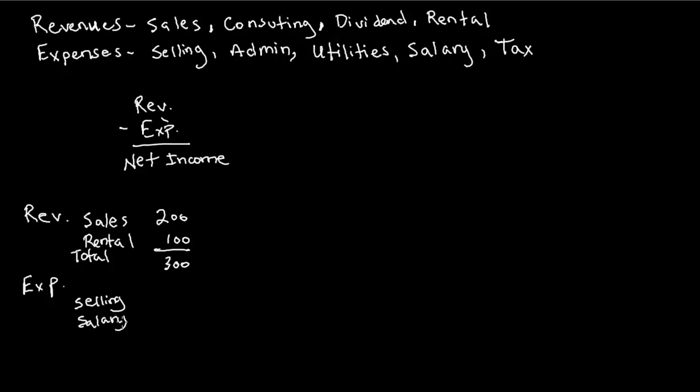Again, there'll usually be a lot more, but for the sake of simplicity, I only have two here. And your selling expenses are $50 and salary is $25 for a total of $75. So the grand total is the $300 minus the $75.